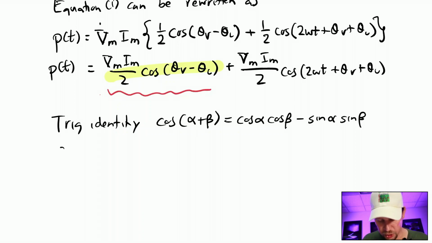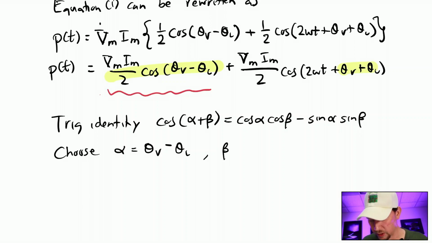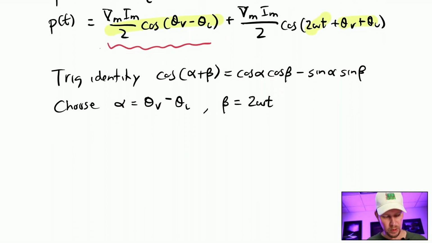And we're going to choose alpha to be the constant term, right? So notice that this term right here contains no time dependence. Well, we're going to choose the beta term to be the one that carries the time dependence. So here it is, that term right there.